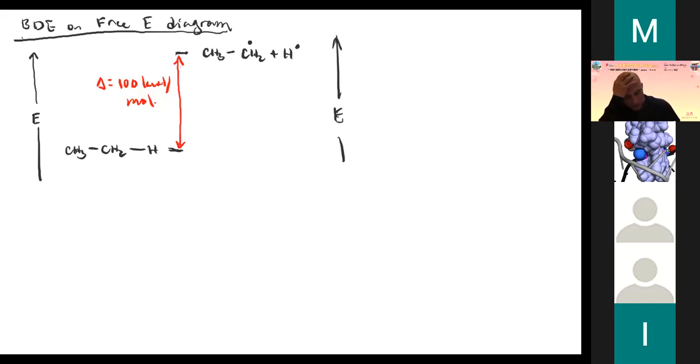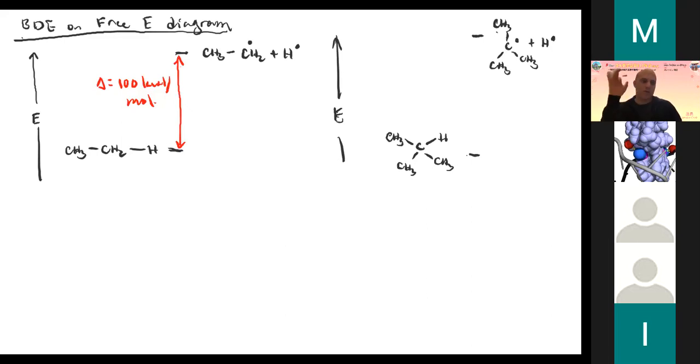We can draw the same thing for, let's say, the tert-butyl radical. So the hypothetical cleavage of one of those CH bonds, and the delta there is only about 93 kcals per mole.